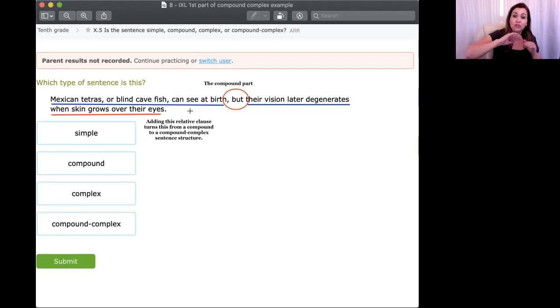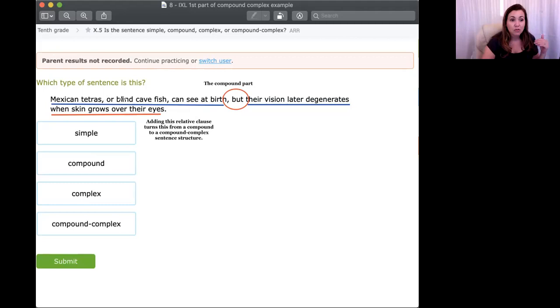Or is used to list something, and in fact, what it's doing in this case is renaming Mexican tetras, which we learned a lesson or two ago is called an appositive. So we're renaming a Mexican tetra or clarifying it. So that's all that's doing. That is simply a phrase, renaming. It's not a clause, so we don't need to worry about that.